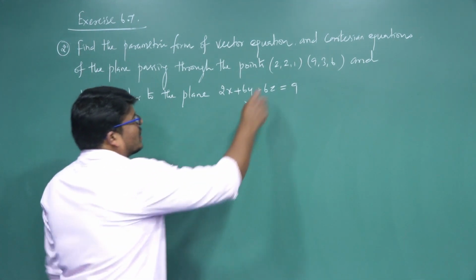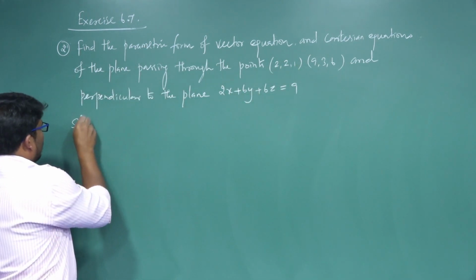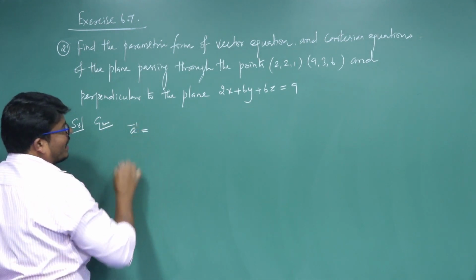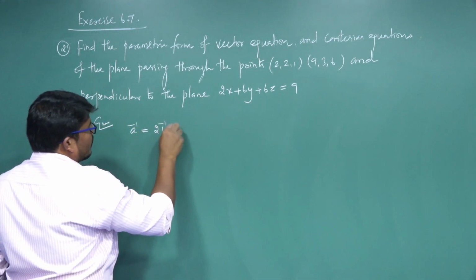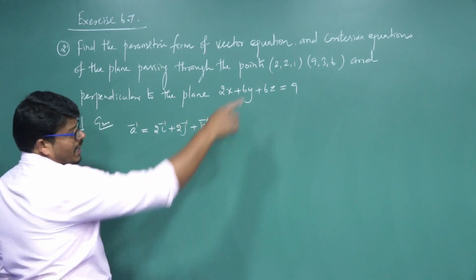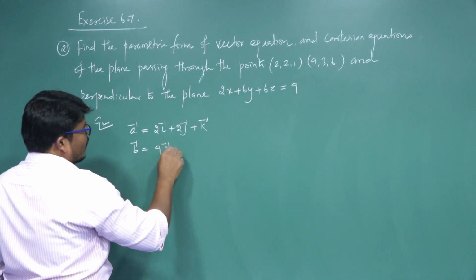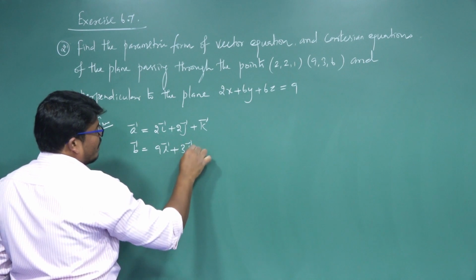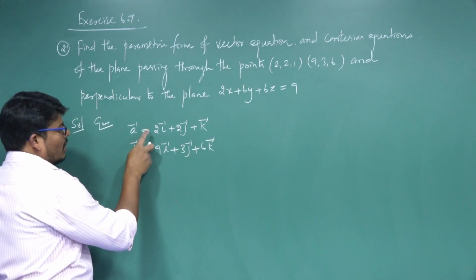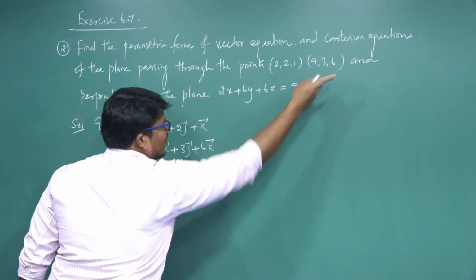Now, given the points, A and B are the 2 points. The first point A vector = 2i vector + 2j vector + k vector. And the second point B vector = 9i vector + 3j vector + 6k vector.